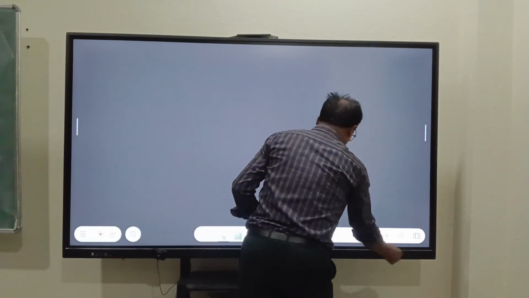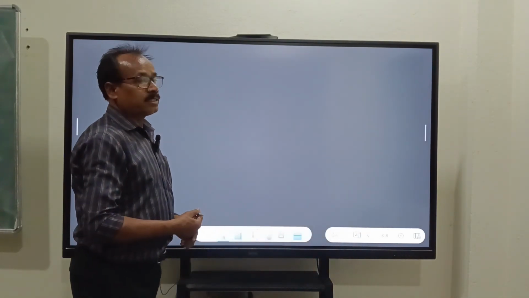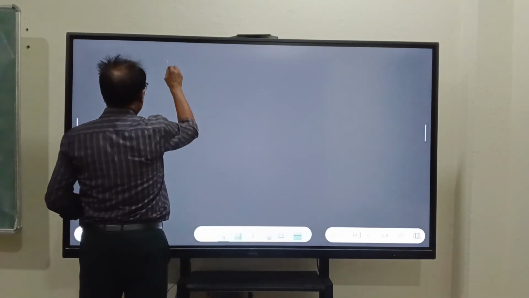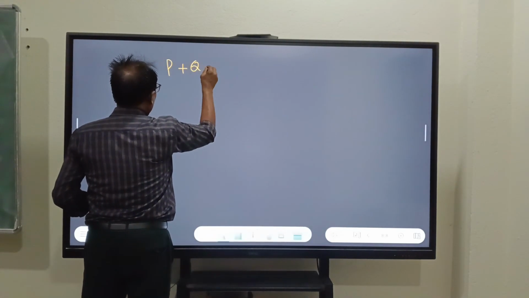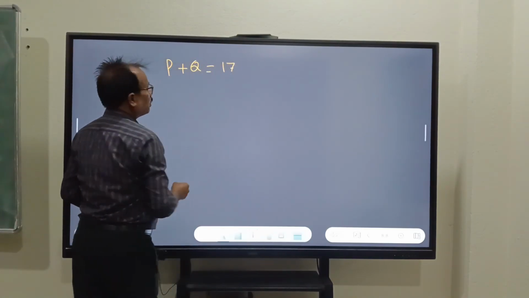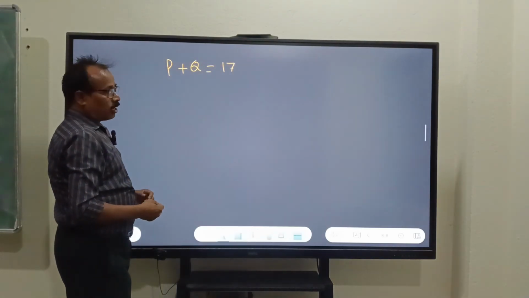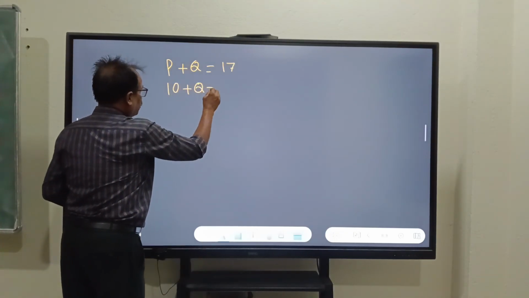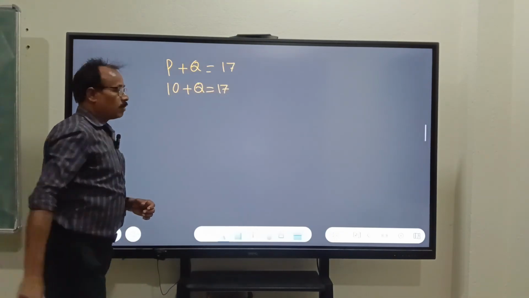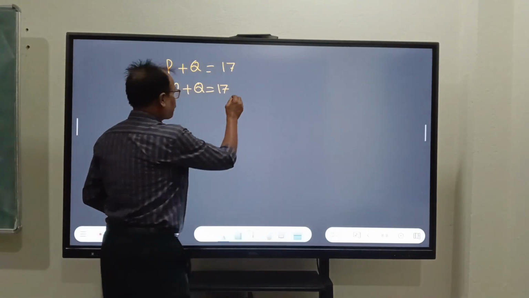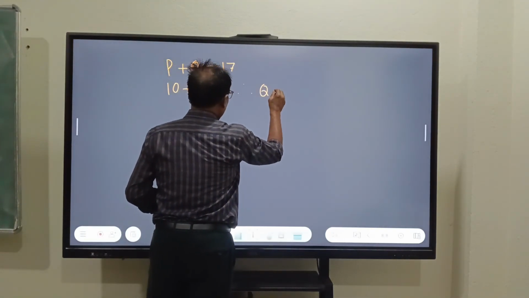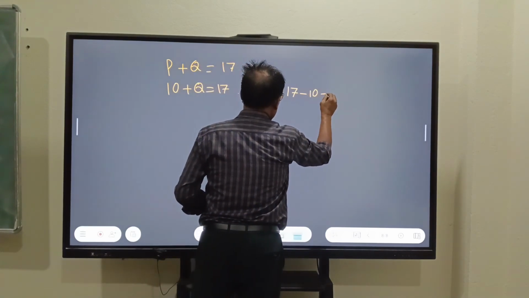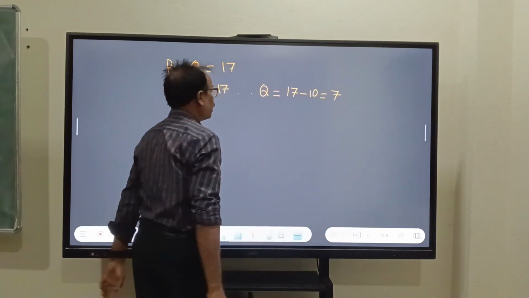Now, putting the value of P, that is 10, in equation 1 or 2, we have P plus Q is equal to 17. P is equal to 10. Therefore, 10 plus Q is equal to 17. Therefore, Q is equal to 17 minus 10, which is equal to 7.